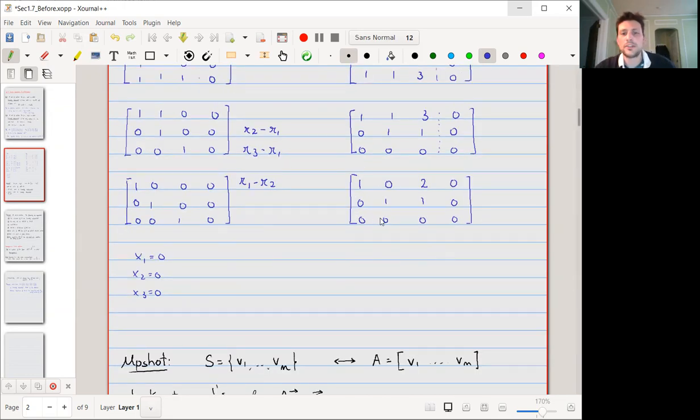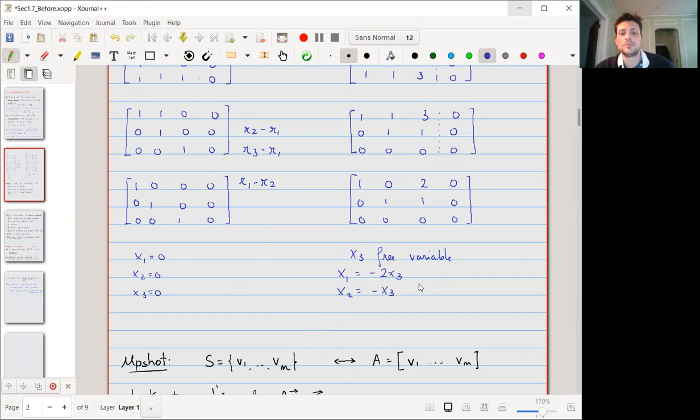Now, if we look at this equation here, we see that x3 is going to be a free variable. And the other two equations are x1 is equal to -2 x3, and x2 is equal to minus x3.